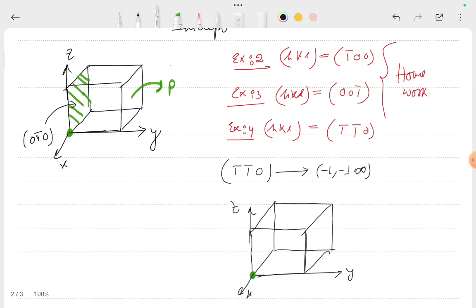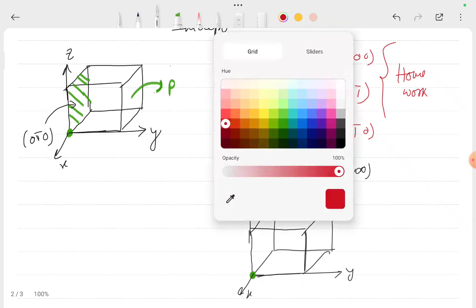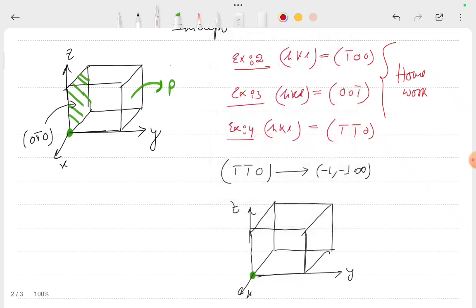Okay, so first of all we take here the negative x-axis. It means negative x-axis means this side, right?